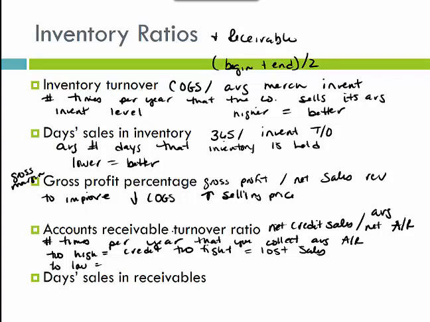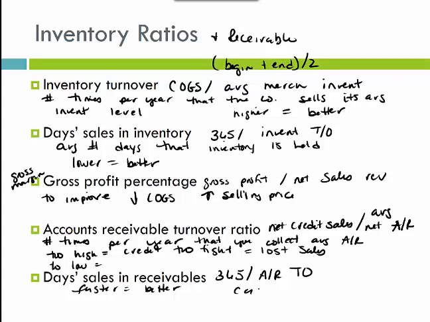And then the last one we have is days sales in receivables, which again, just like the inventory, is a reflection. So I take 365 divided by the accounts receivable turnover ratio. Faster is better. The faster I collect it, the more time I have, the faster I get my cash back.